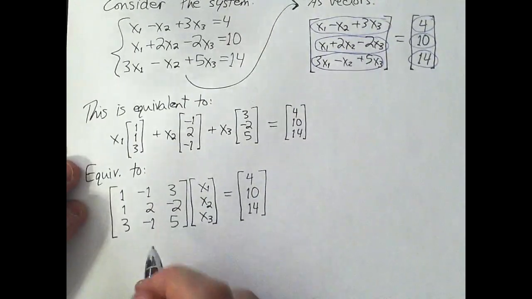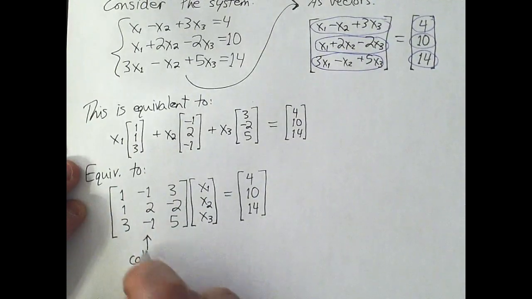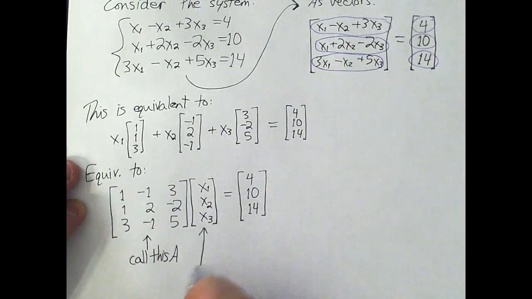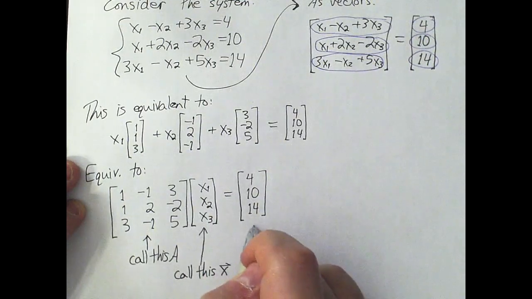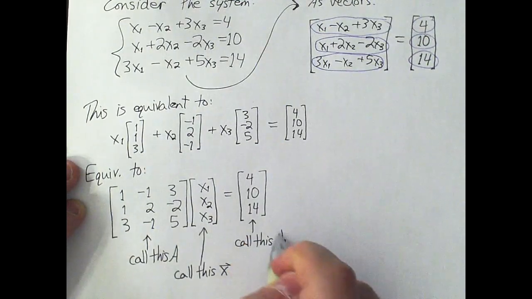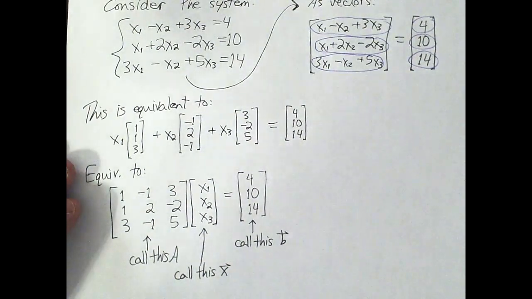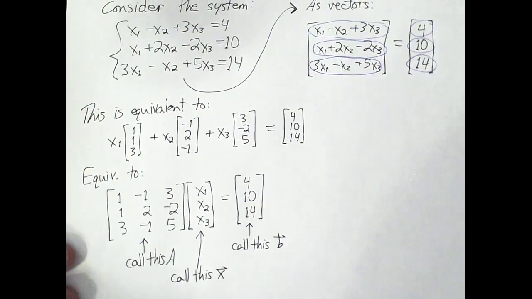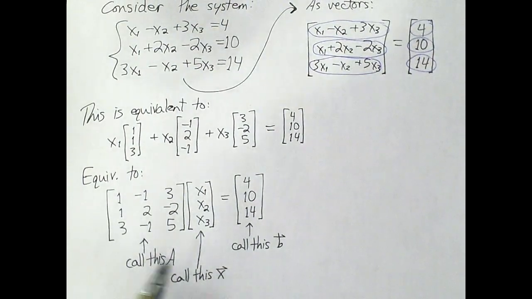If we'd like to, we could call this A, we could call this X with the little vector symbol, and we could call this B with the little vector symbol above it. So we had a system of linear equations, and we found that it is equivalent to this other equation that involves a matrix and 2 vectors.